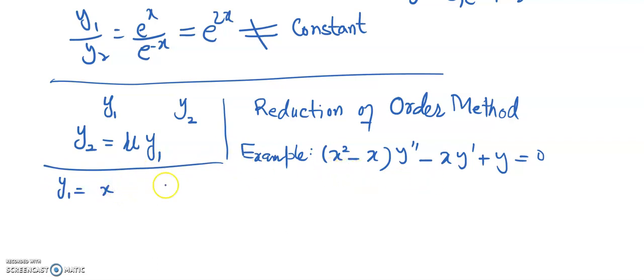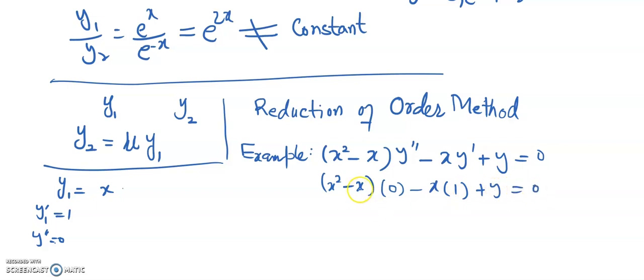We can verify this: y1 prime is 1 and y double prime is 0. So the first term is 0, the second is minus x, and the last term is y, which is x. So 0 is equal to 0.